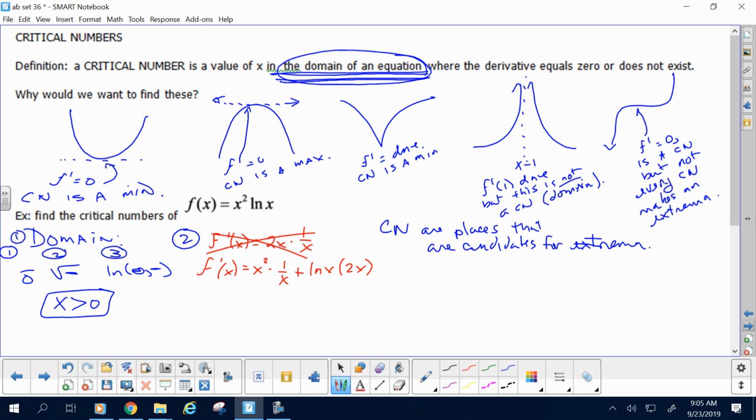Now then, I want to know where this is 0 or undefined. There are a lot of algebra components to this problem. The derivative part is actually the easy part. The algebra part is the harder part. So I get x plus 2x natural log of x equals 0 or undefined. Now what?